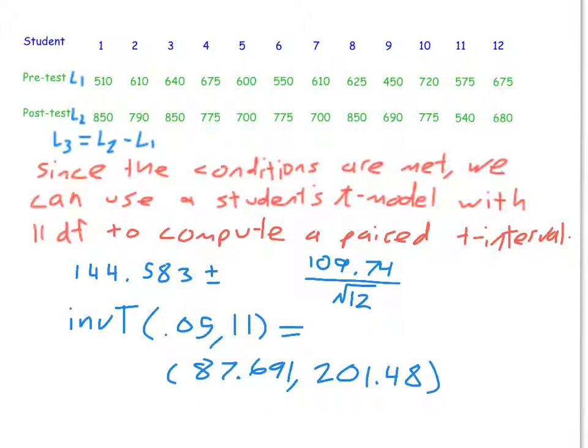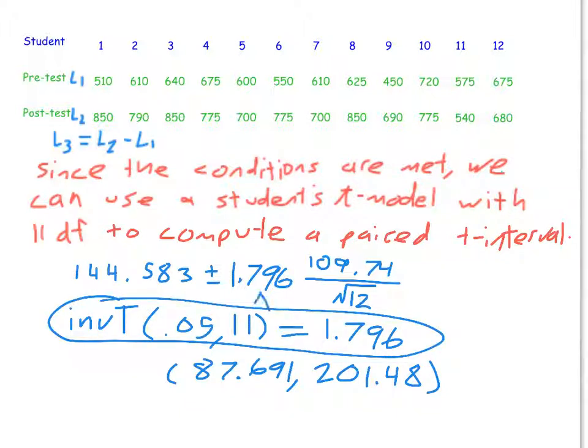So this equals negative, or it doesn't matter, you could put the negative or positive value, 1.796. So that goes here. And it doesn't say to interpret, so we are done with this problem.